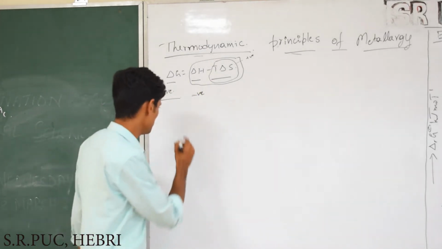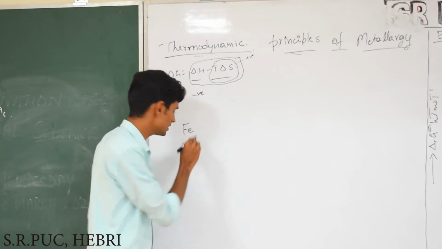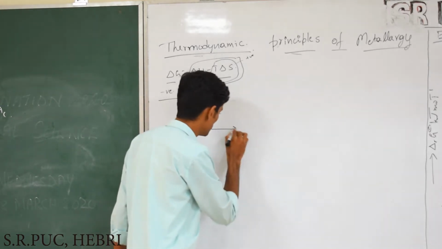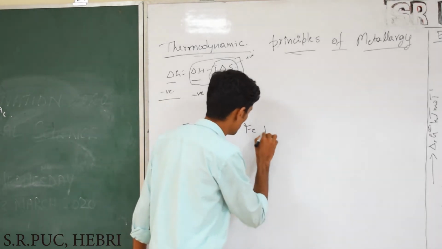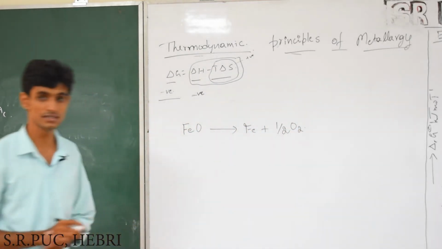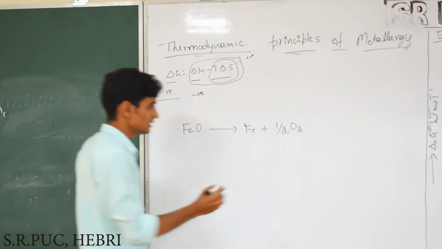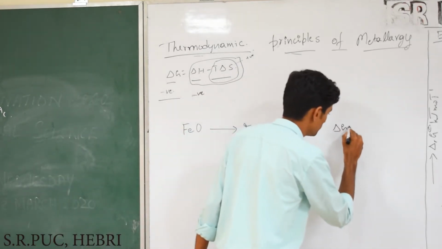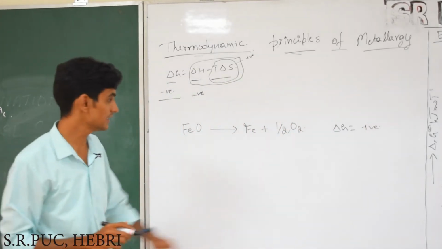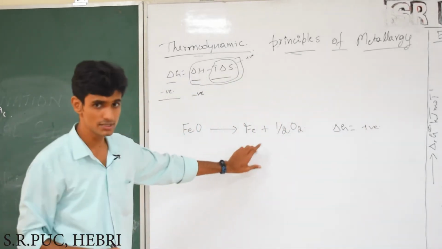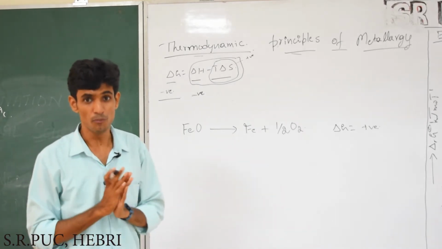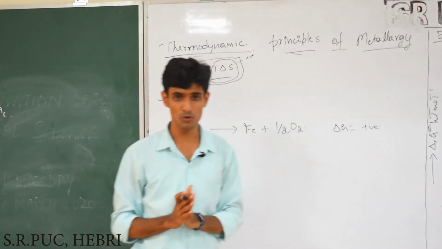Now I will take one example, that is iron oxide undergoing reduction to iron plus half O2. Here the delta G value for this reaction is positive. This reaction is not at all possible because delta G is positive.